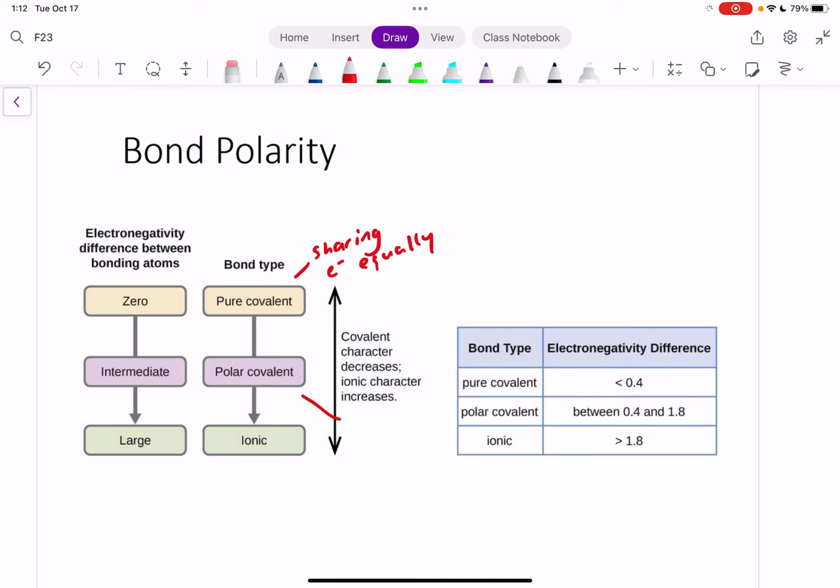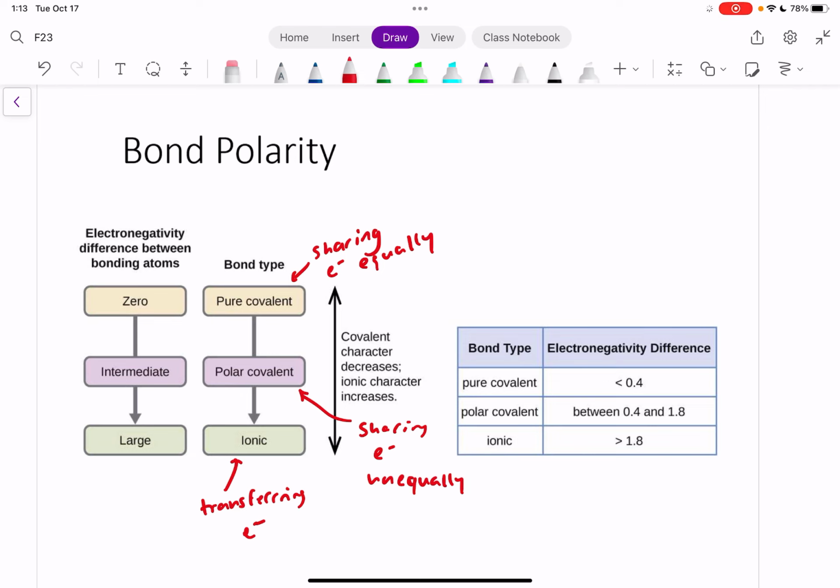And then we've got the polar covalent, which is sharing electrons unequally. And then we've got ionic, which is transferring electrons. No longer sharing. Something's giving electrons and something's taking electrons.